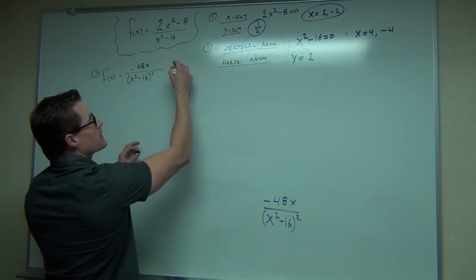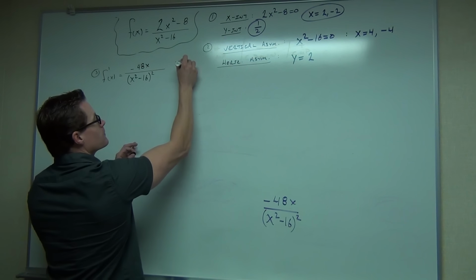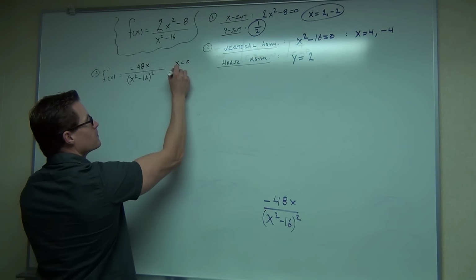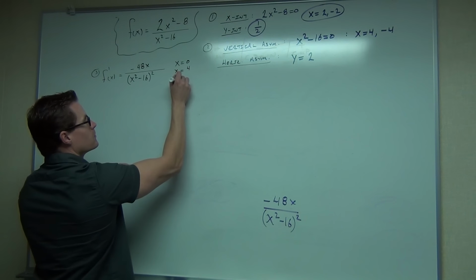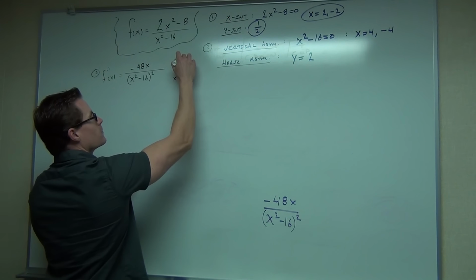And what we got out of that again was 0, 4, negative 4.